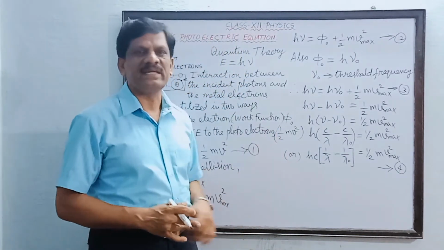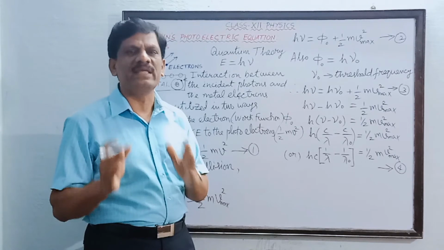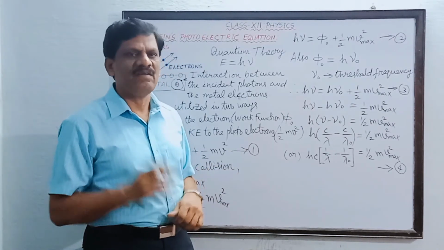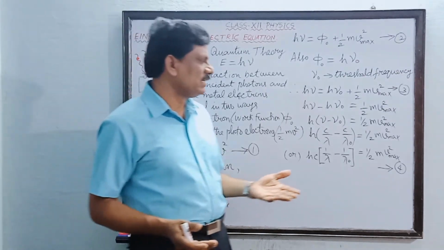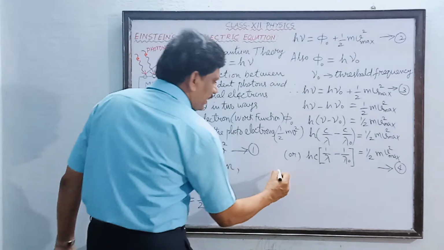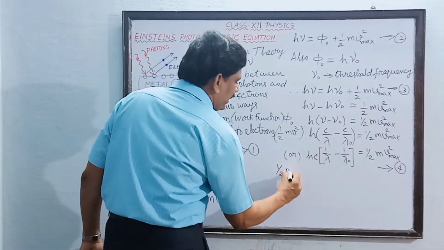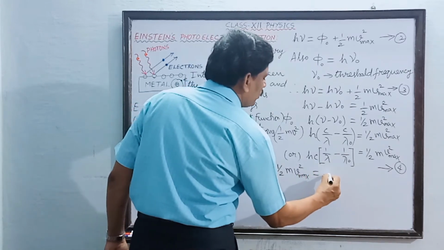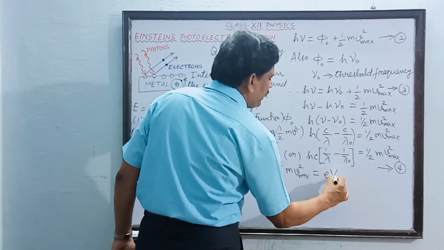Using an experiment, R.A. Millikan derived the same equation experimentally. And for that, what is the kinetic energy of the electron? It was taken that half mv² maximum is equal to the work done in stopping the electron.